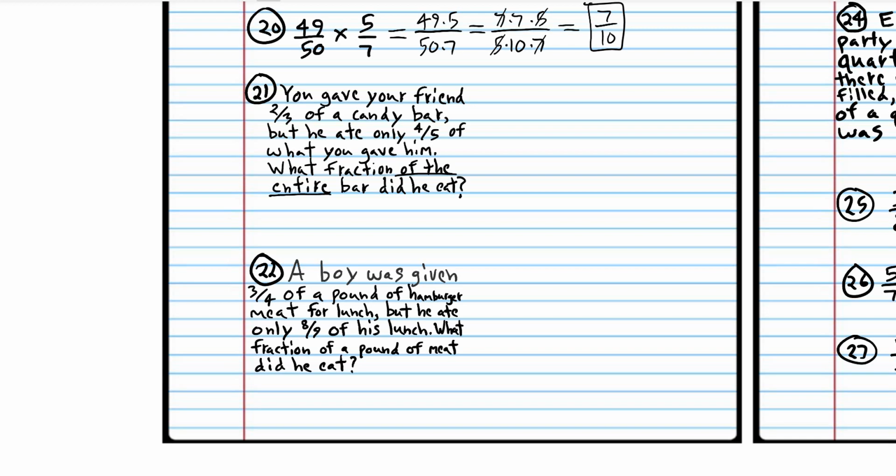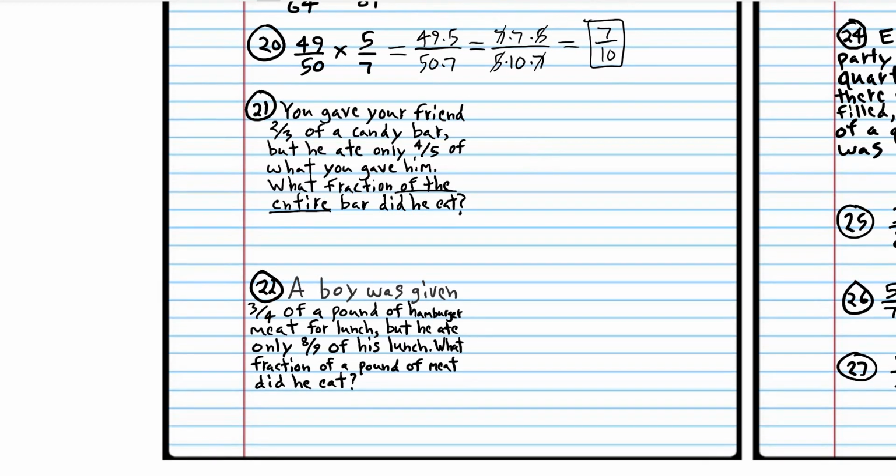So this is pretty much exactly the same thing as the 2/3 of a pound of spaghetti. In fact, I think these are actually the same numbers. So this is just a different application. Before, a pound of spaghetti was the whole figure. Now you're talking about a candy bar. So this is just a multiplication problem.